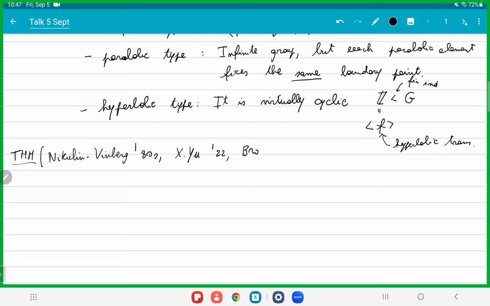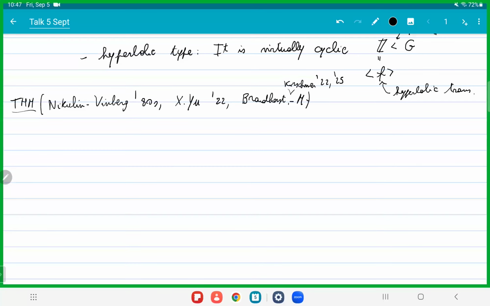And then there's Brandhorst and me, and also Kirchner in the new one. So this is 22 and 25. Basically what we have is a complete classification of Picard lattices of K3 surfaces with a virtually abelian automorphism group. So let me state it like this.